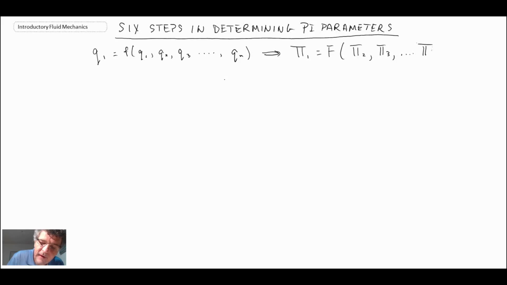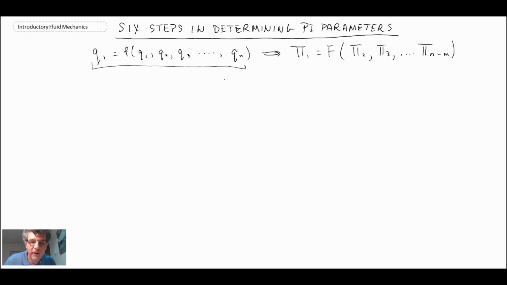And what we've been saying is that we can take those n variables and recast them as n minus m non-dimensional variables, where m is the number of primary dimensions required to specify q1 through qn.